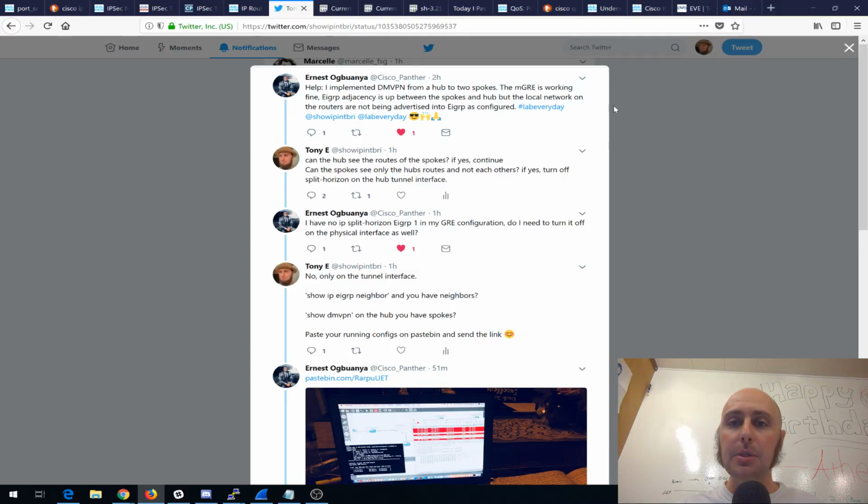So here was the original post from Ernest over here at Cisco Panther. Help, I implemented DMVPN on a hub and 2 spokes. The multipoint GRE is working fine. EIGRP adjacency is up between the spokes and hub, but the local networks on the routers are not being advertised into EIGRP as configured. I immediately thought this was going to be a split horizon problem.